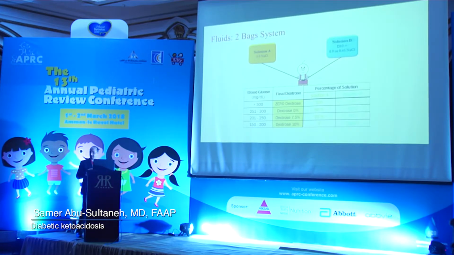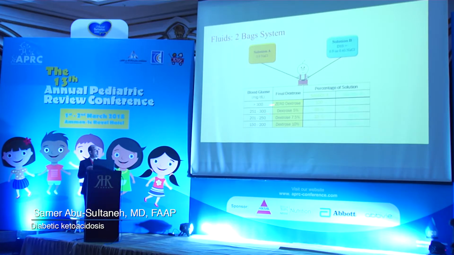We use at Riley, and I think in many US places they use, this two-bag system. So they have what they call solution A, which is usually normal saline. Then solution B is a dextrose-containing fluid. Initially, when the glucose is high, we just start with normal saline.